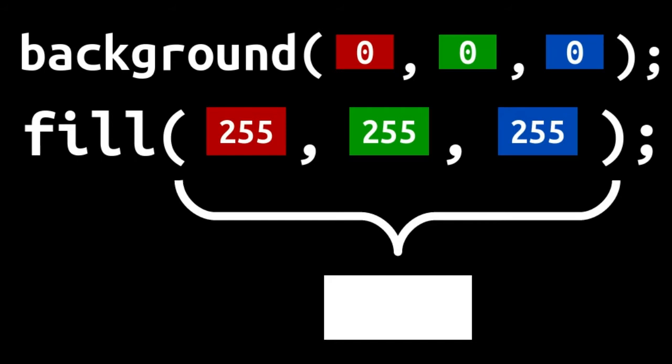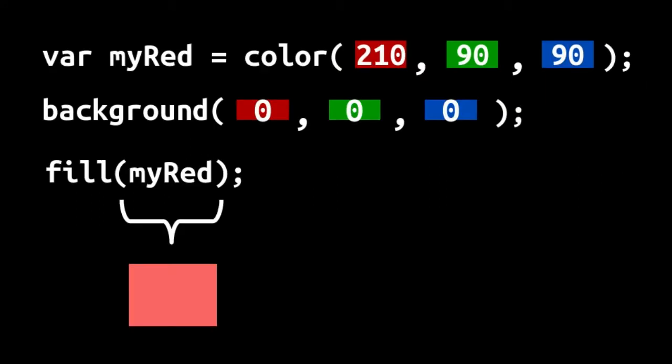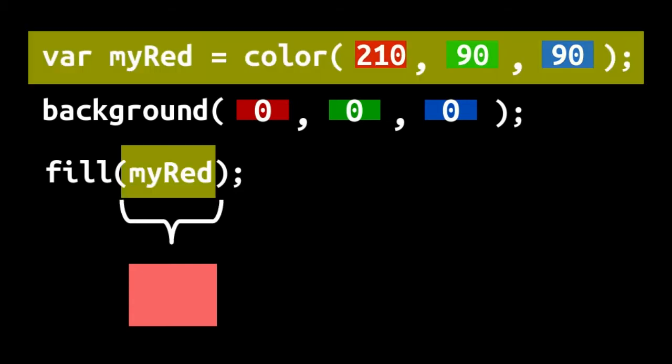We could go a step further and predefine a color. Like so. Here in the highlight, we can see that it says var for variable, which is something that we're going to be using a lot. We're defining a variable with a name, myRed. myRed is something you define, and myRed is equal to this color of this RGB value.